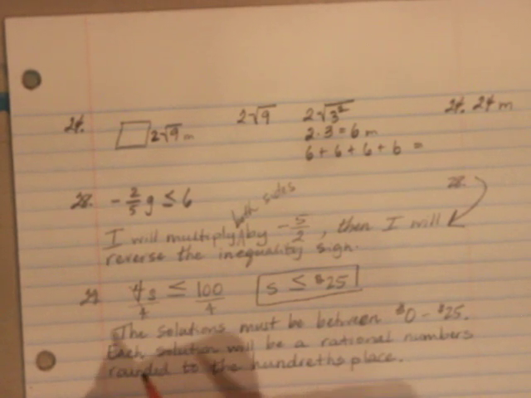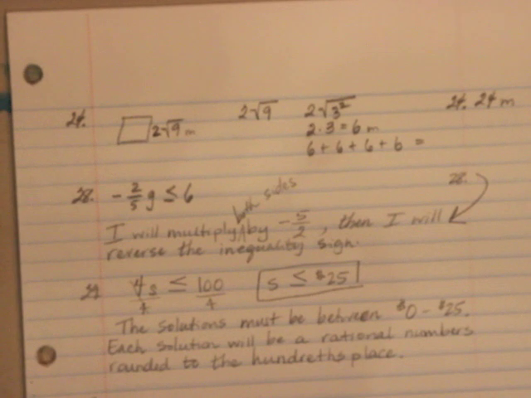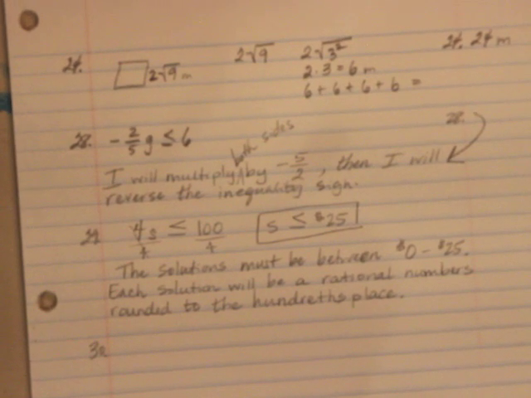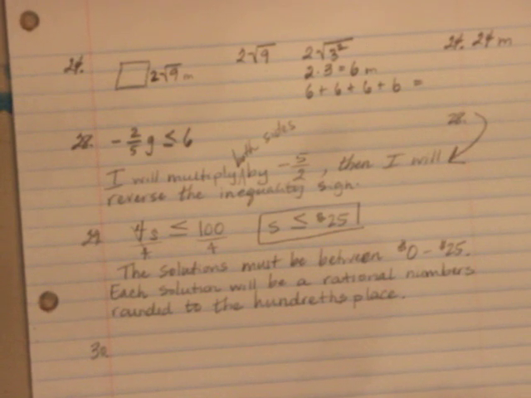Last problem. Number 30. Mariana can afford to buy at most 20 pounds of ground turkey. Write and solve an inequality to determine the number of burgers she can make if each patty uses 1/3 pound of ground turkey. Now, let's not talk ethically about whether or not Mariana should be using turkey to make burgers, but we'll just go with it, okay?